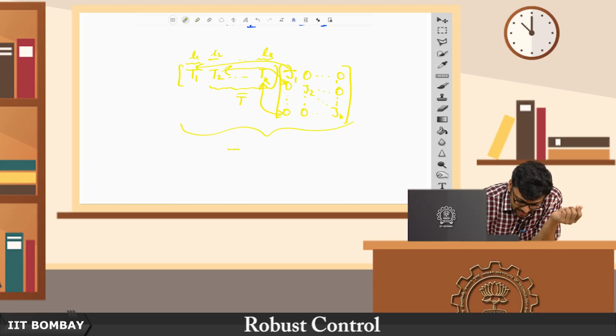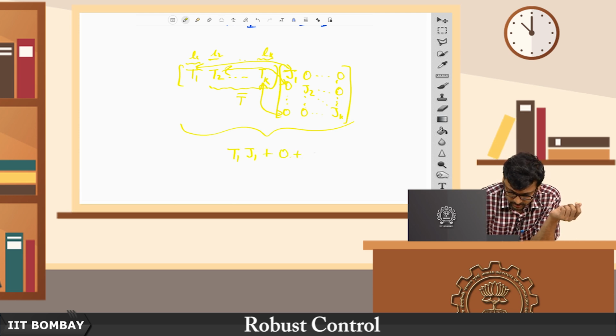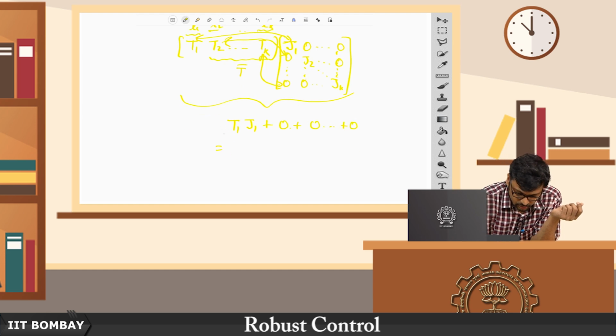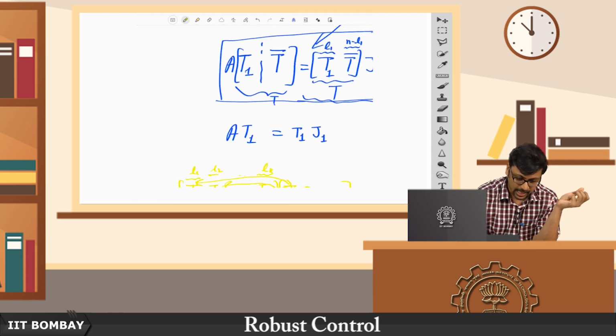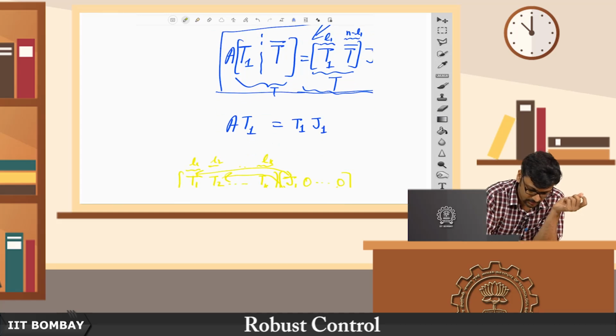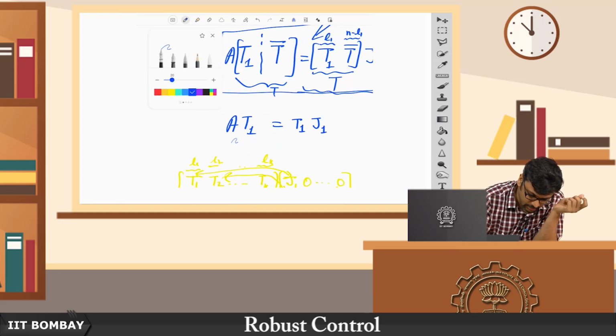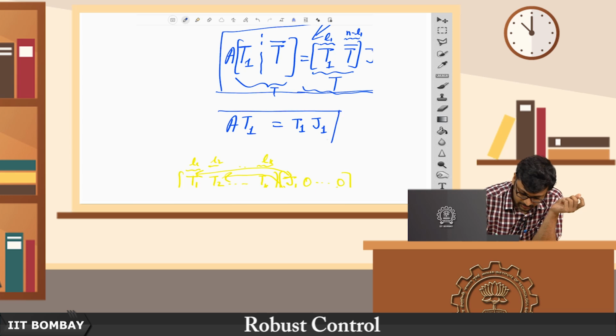So therefore what I then have is just nothing but T1 J1, right, plus some zero matrices. So that eventually leads to just T1 J1 because of this block diagonal structure, and therefore this relation you can immediately see is valid, right.